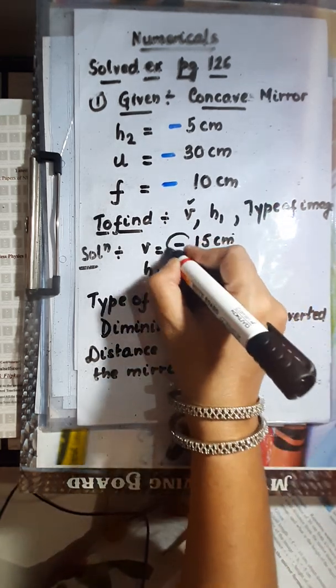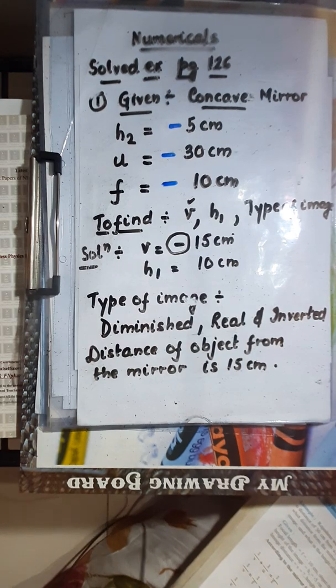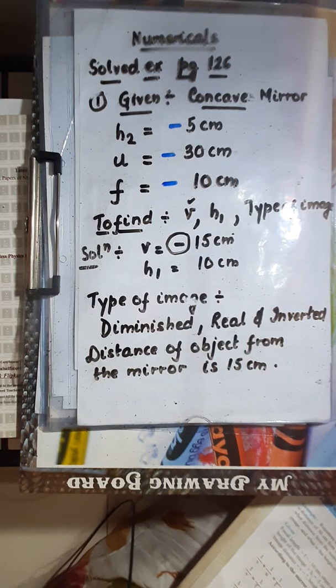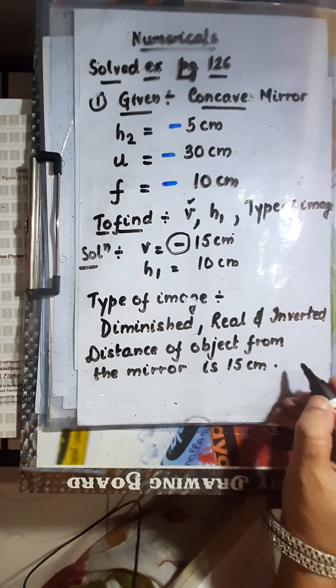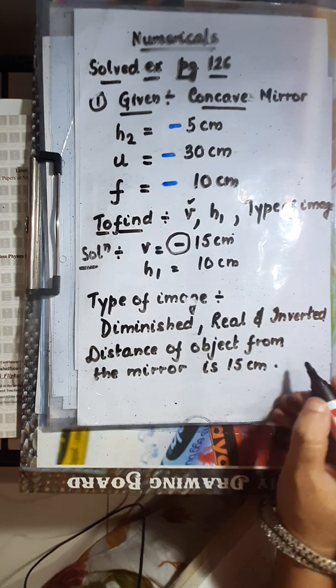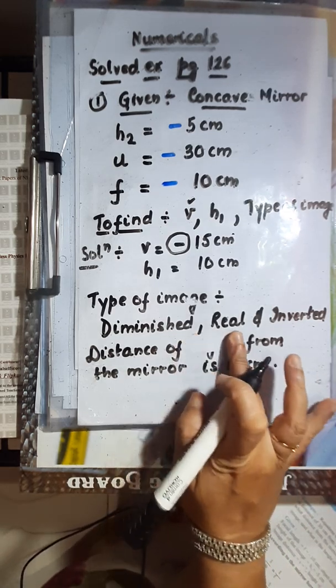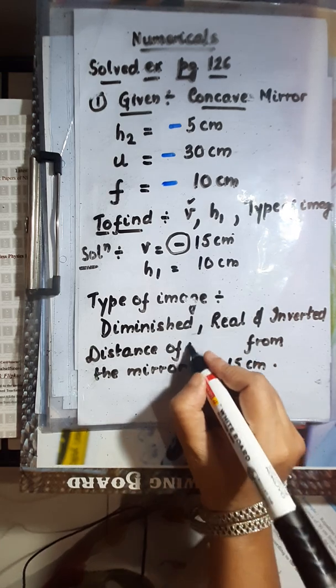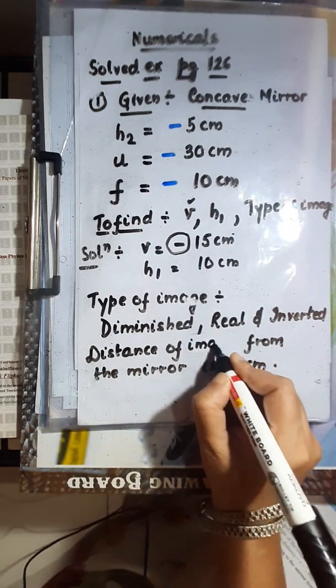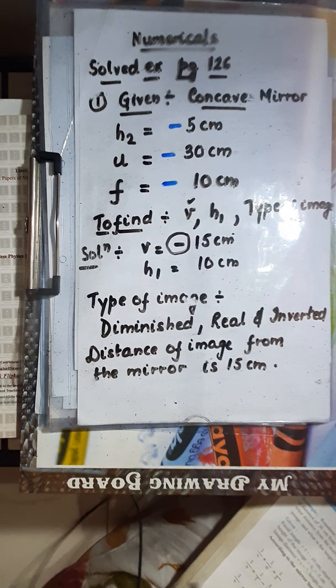Where is my minus sign gone? Where is my minus sign gone? Not object. Distance of the image from the mirror. Sorry. Distance of the image from the mirror is 15 centimeters.